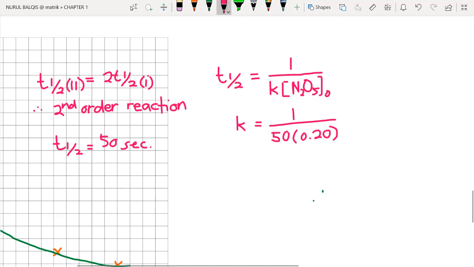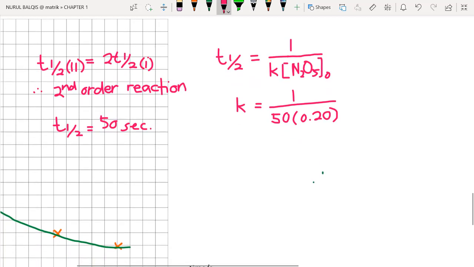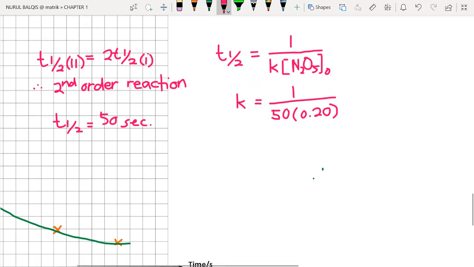Right? So once we calculate it, we're going to get a rate constant of 0.1. Okay, so what about the unit?